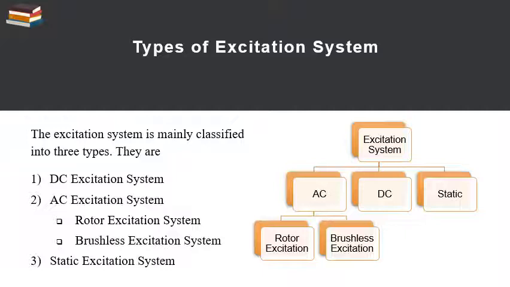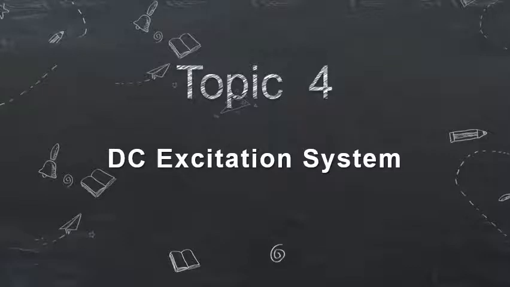The first one is called the rotor excitation system and the second is the brushless excitation system. So this is the diagram for classification of excitation systems. The first one is the DC excitation system.